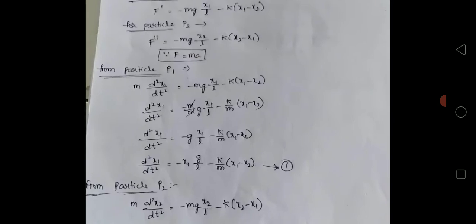In the next step, d square x1 by dt square is equal to minus g into x1 by L minus k by m into x1 minus x2. Then the last step is d square x1 by dt square is equal to minus x1 into g by L minus k by m into x1 minus x2. So from particle P1 we get the equation for acceleration. This is equation 1.